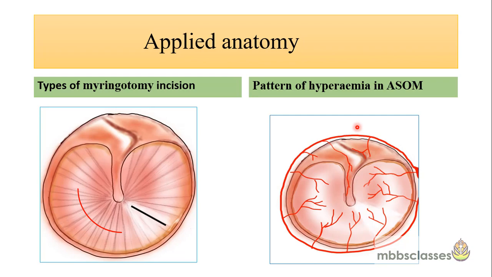In the stage of hyperemia, because of this peculiar arrangement of the blood supply, in the initial stages the flushing of the tympanic membrane happens in a manner similar to the pattern of the blood supply. So sometimes it is also known as the cartwheel type of look in case of ASOM in the initial stages.